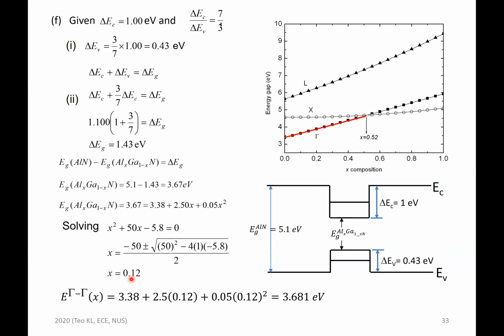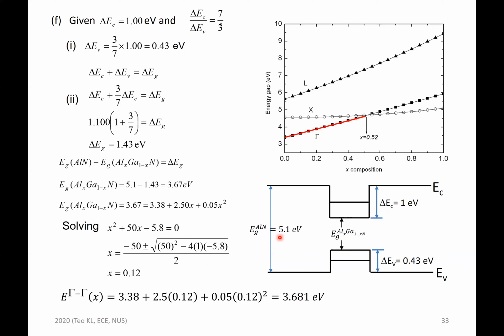So what is the band gap of this composition of 0.12 for aluminum gallium nitride? Again, you plug into the direct band gap equation for 0.12, and you get 3.681 eV. So this aluminum gallium nitride band gap is 3.681 eV, and 0.12 will be somewhere around here.